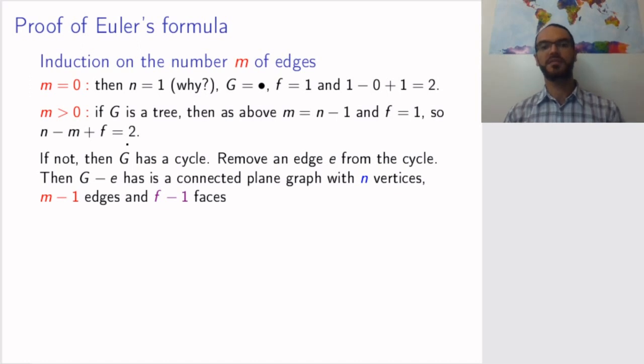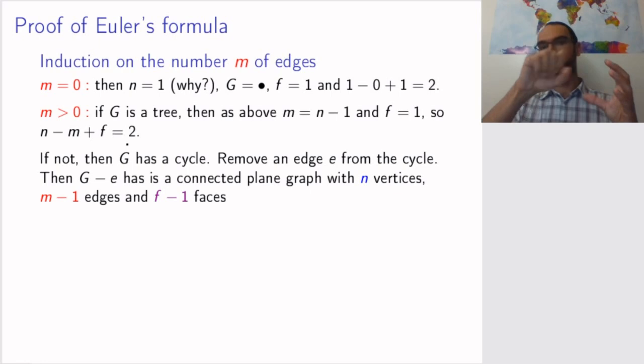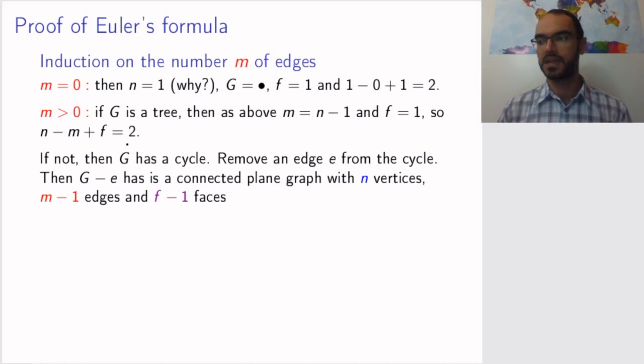What do we know about the graph that results from removing this edge? It's still connected because we've seen this before. If you take a tree and remove an edge, it will be disconnected. But if you have a graph where there is a cycle and you remove an edge from the cycle, it will not disconnect the graph. No bridge can lie on a cycle.